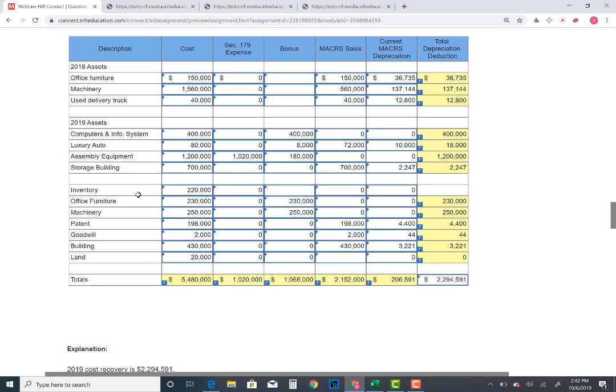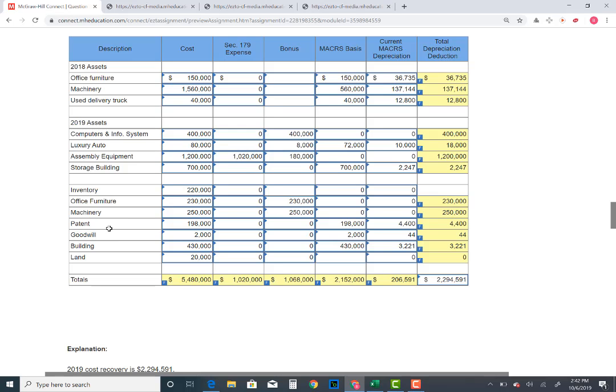So we went out and bought a company and we got their inventory, furniture, machinery, all that stuff, land and building. What's different here is the patent and goodwill. A patent gives us the exclusive right to produce particular products. So we bought that patent off them. That has some value. Goodwill is what we paid over and above the book value of the company.